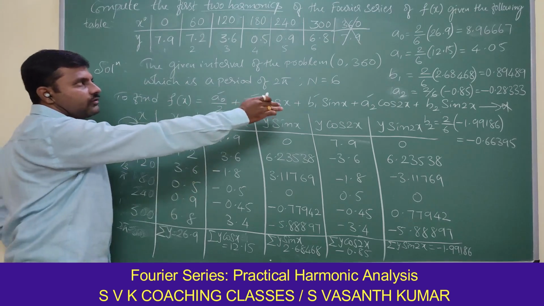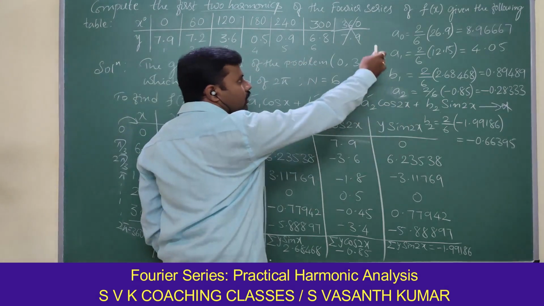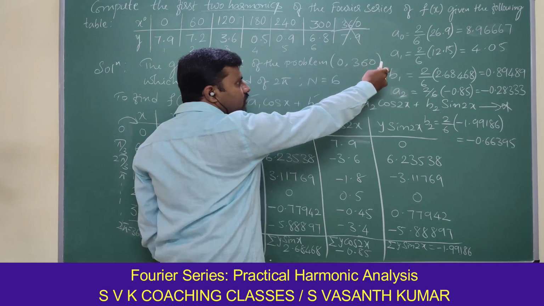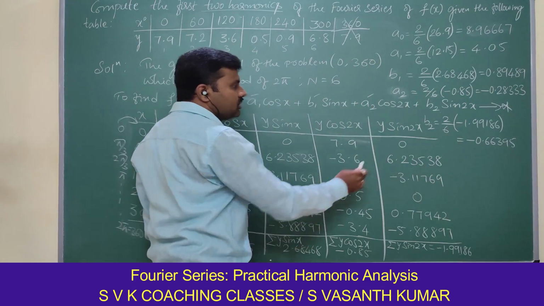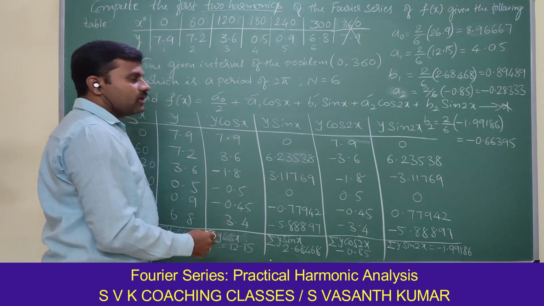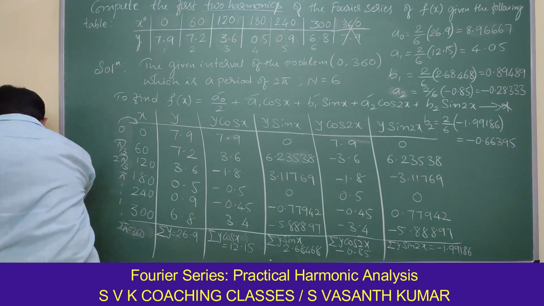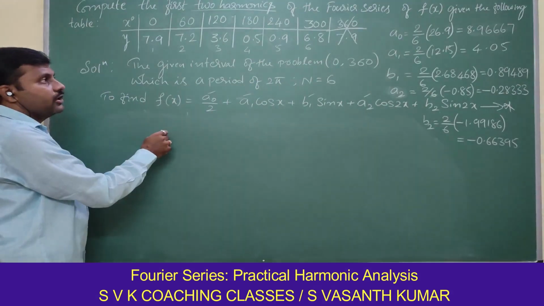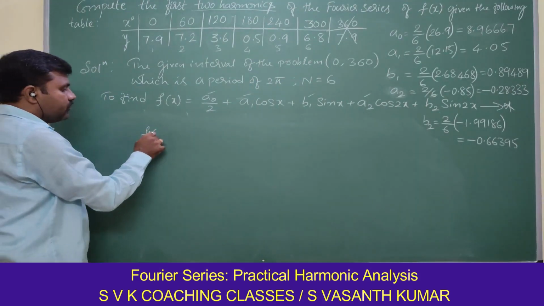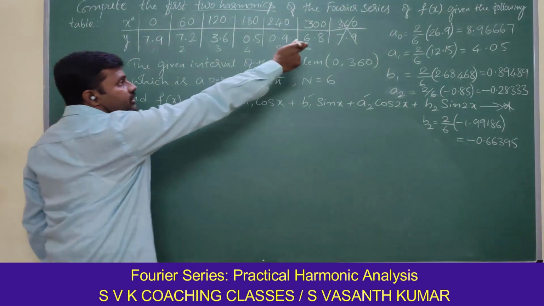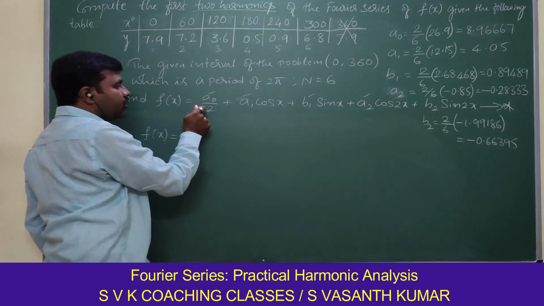Now we shall substitute all the constant values A0, A1, B1, A2, B2 in equation star. So finally we are going to get the Fourier series of harmonic analysis. Substituting the values, f of x: we require A0 by 2.